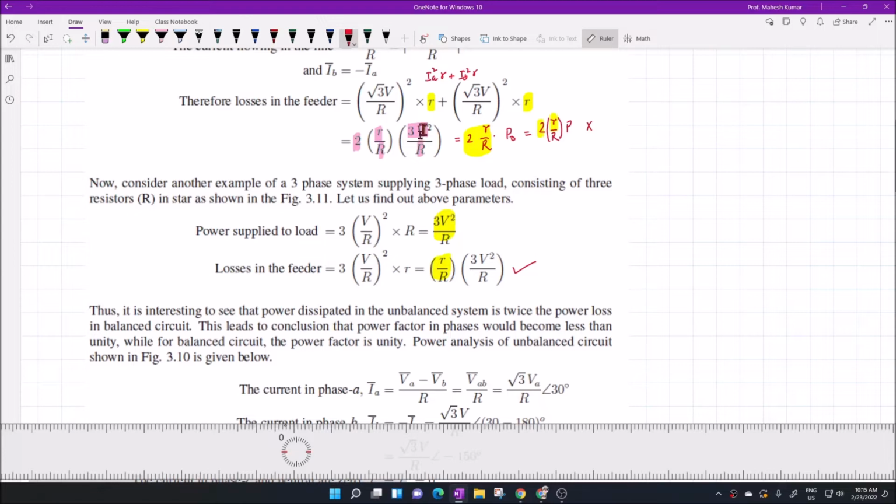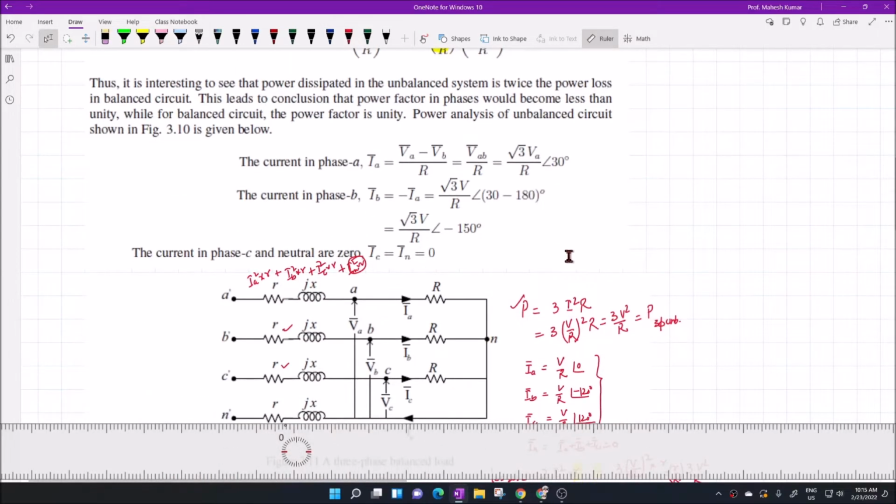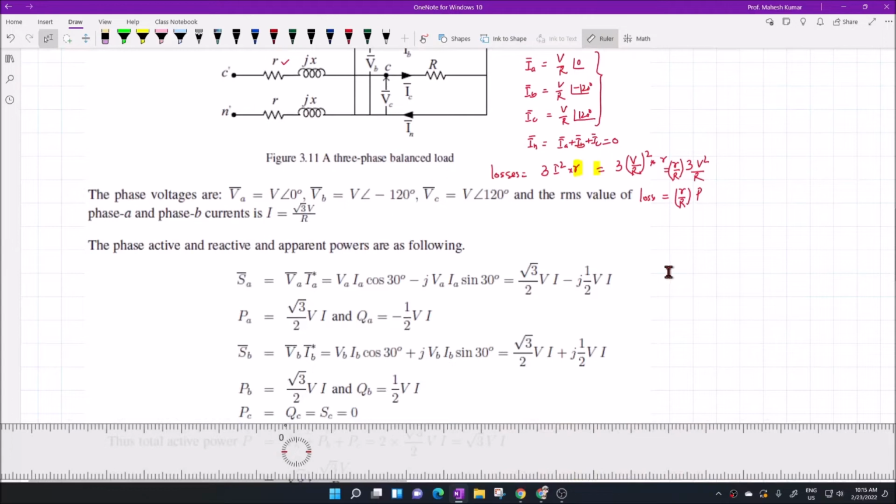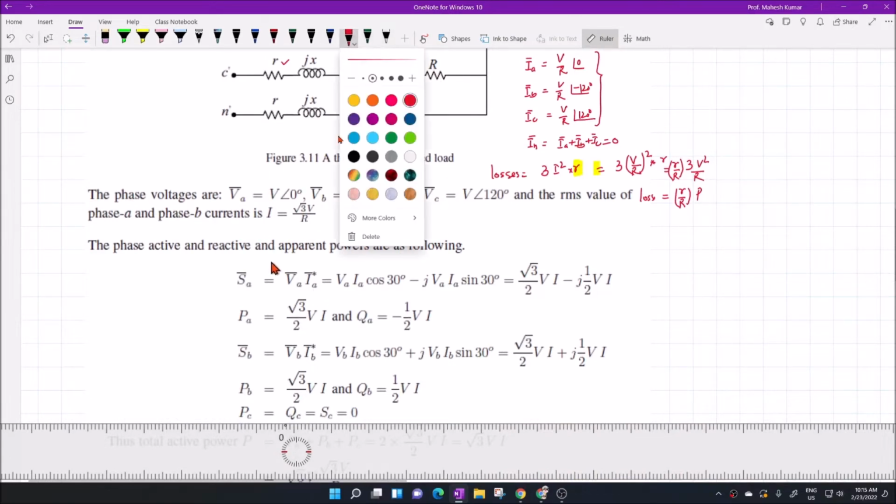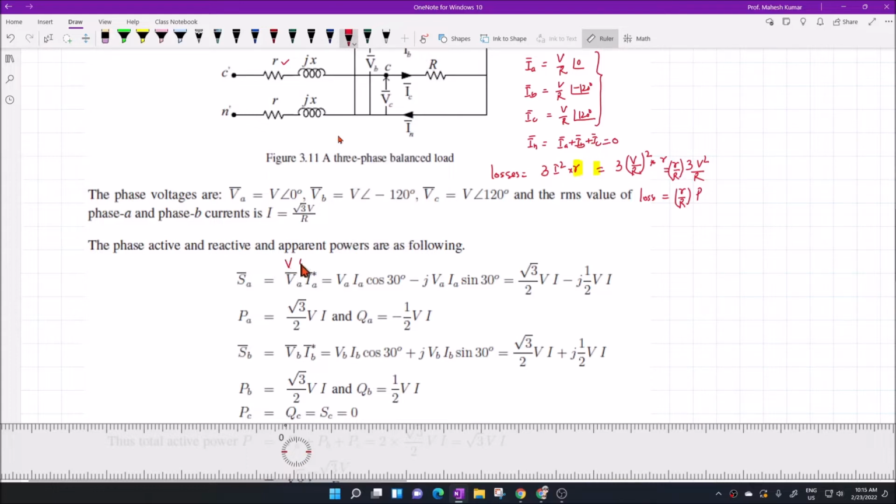Let us find out the individual powers that we have attempted earlier also. They can be found by simply VI conjugate. Okay. So you know V is at angle of 0, and you know current is IA, which is the same as I, some I, so you can say this is I here, at angle of 30 degrees, and the conjugate of this.